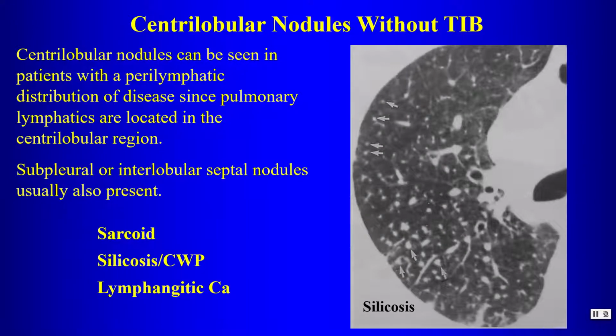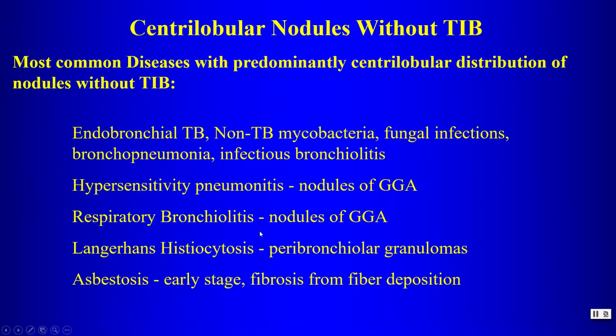Now we can also have centrilobular nodules without tree-in-bud. And again, we've said that we might sometimes see that with sarcoid, silicosis, and occasionally with lymphangitic carcinomatosis. So centrilobular nodules without tree-in-bud, what are the most common diseases that we should think about here?